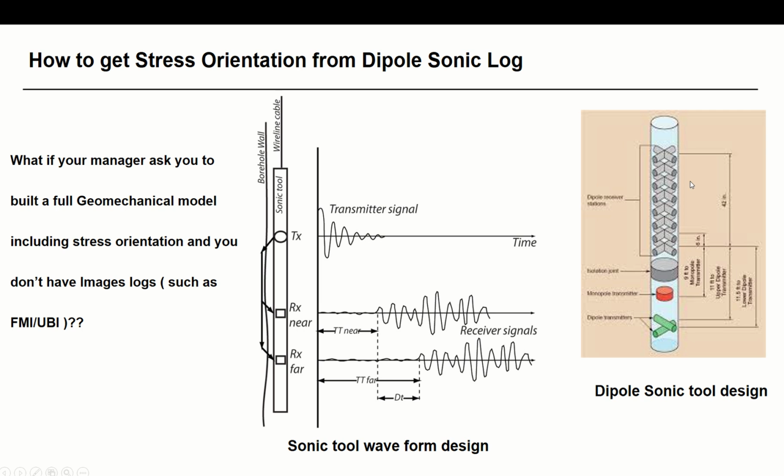However, in these figures, we see the dipole tool, which has a different set, with a dipole transmitter, the green one, and also dipole receivers, this set of receivers, and also a monopole transmitter. As you can see here, both transmitter and receiver are orthogonal, so as to capture the anisotropy.